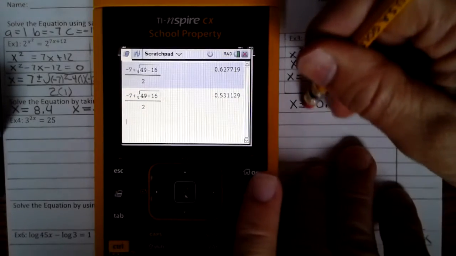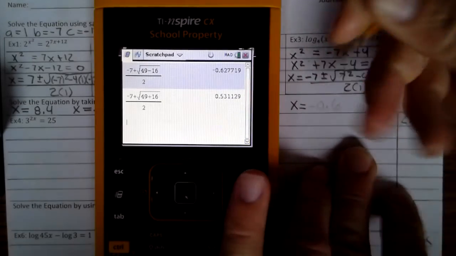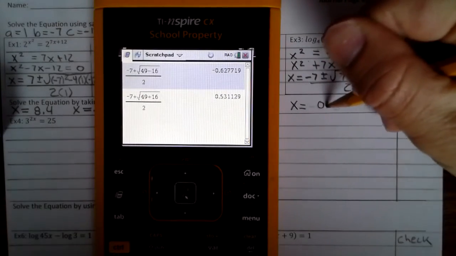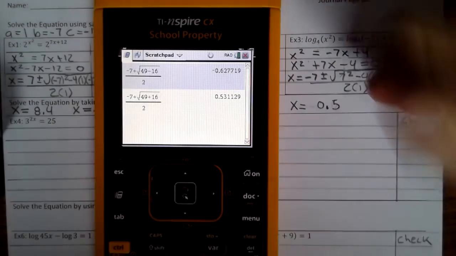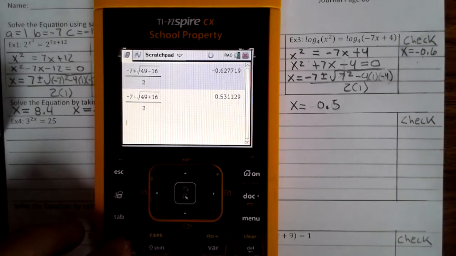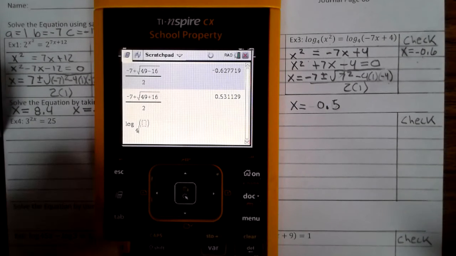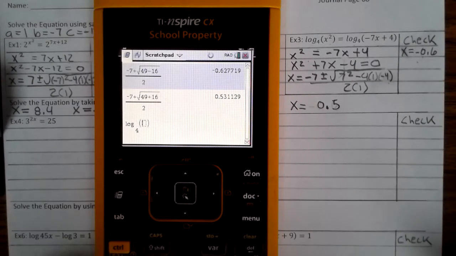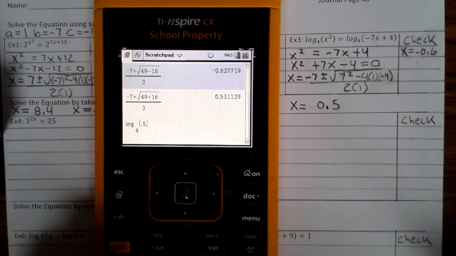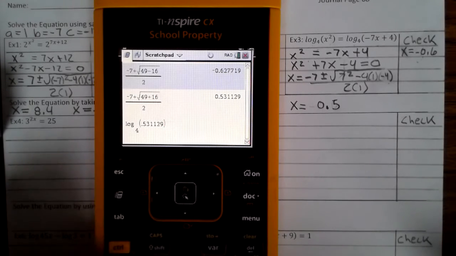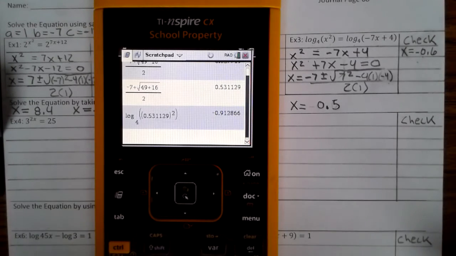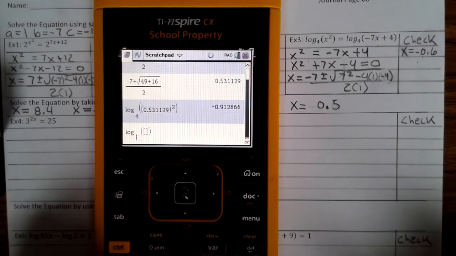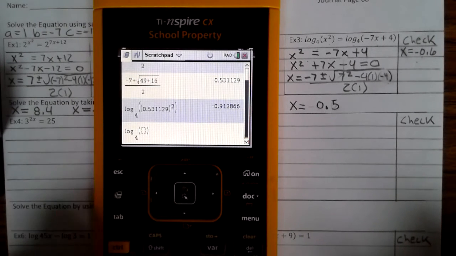So now let's check. So control log base 4 of, now that's 0.531129 squared. Okay. And then that's control log base 4 of negative 7 times 0.531129 plus 4.